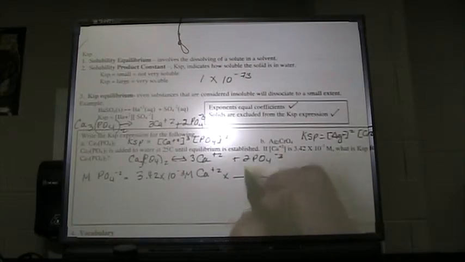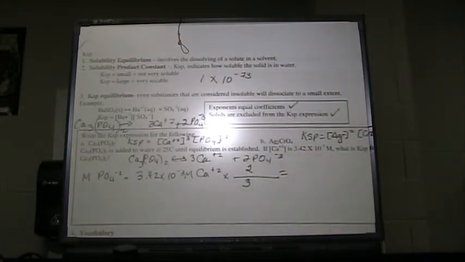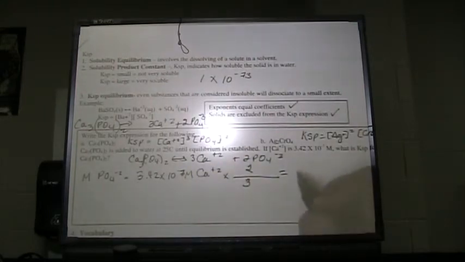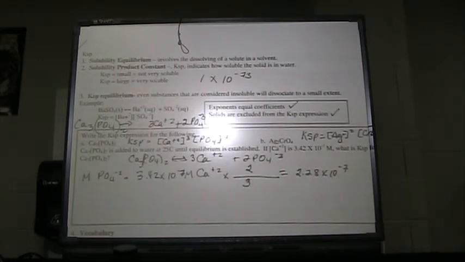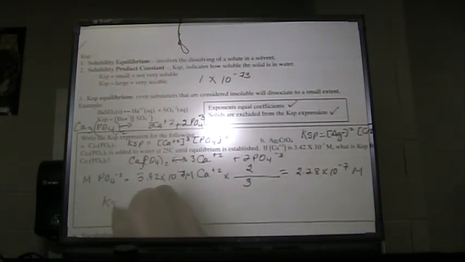Right, so for every 3 calciums, I have 2 phosphates. Isn't that supposed to be negative 7? Yeah. So my molarity of my phosphate would be 2.28 times 10 to the negative 7 molar.